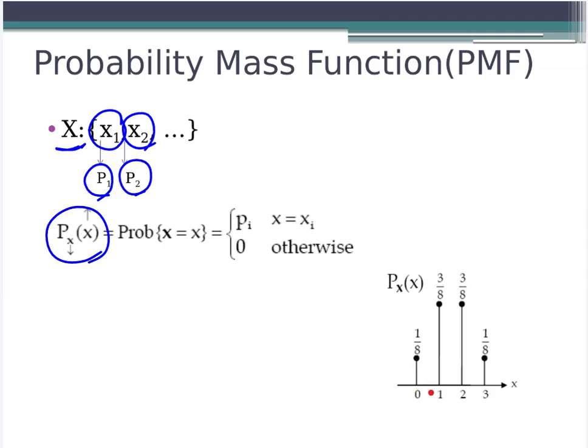These bars are the PMF of this random variable, and it means x takes the value 0 with the probability of 1/8, the value 2 with the probability 3/8, and the value 3 with the probability 1/8.